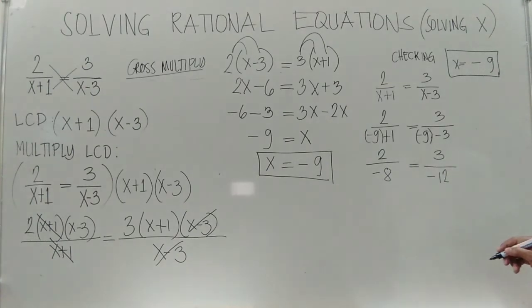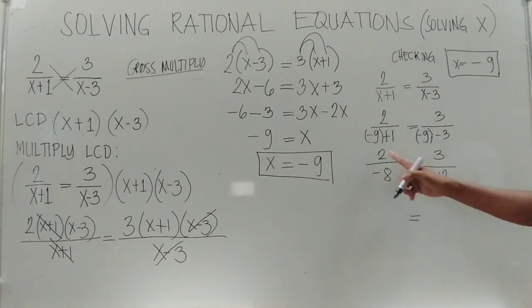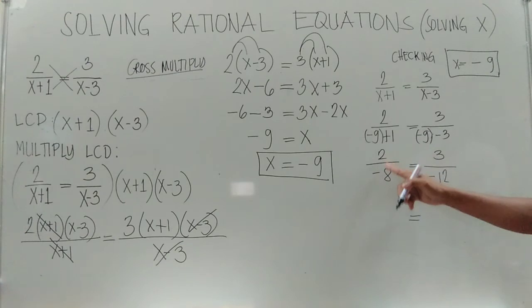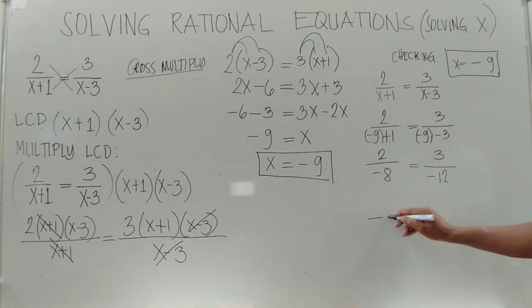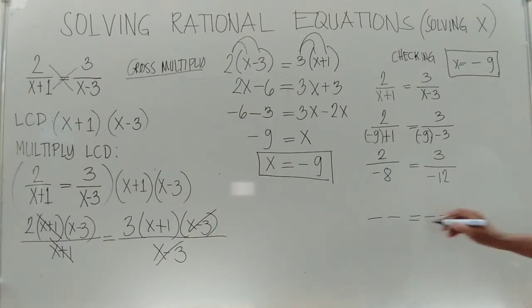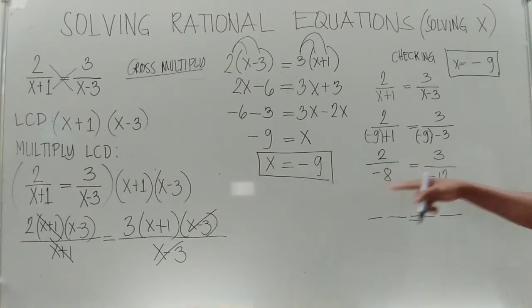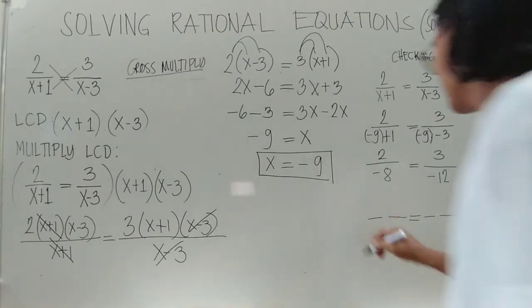Okay? Simplifying, positive divided by negative is negative. On the other side, we have positive divided by negative is negative. So we will simplify and get the lowest term of the two fractions.